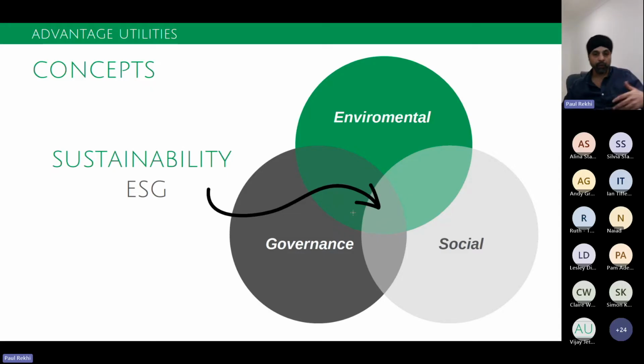So when we talk about ESG and we talk about sustainability, what we're talking about is a blend of 3 things. We're talking about your environmental effectors, and that's what you do within your business. That's how your business operates. We look at the social values of your business and what your business does in relation to your staff, and also in relation to your supply chain.